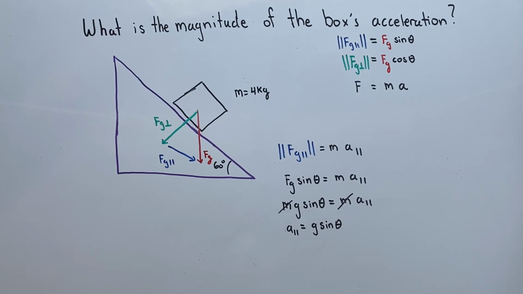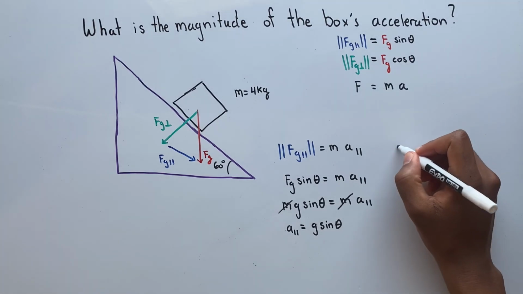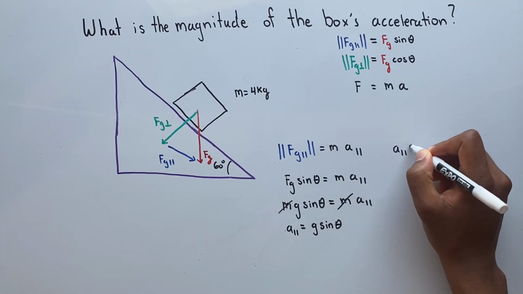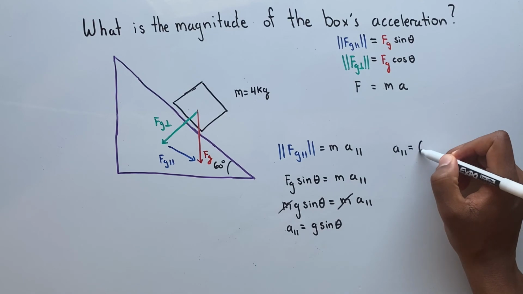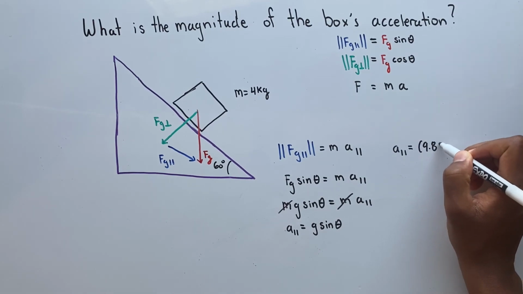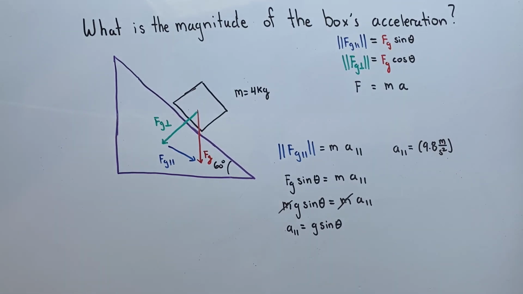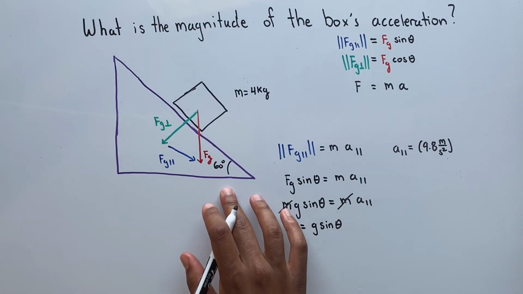Looking back at the problem, we can plug in our values to get our acceleration. So we have that our acceleration in the parallel direction equals gravity, which we know is 9.8 meters per second squared, times sine of theta, and we know that our angle is 60 degrees.